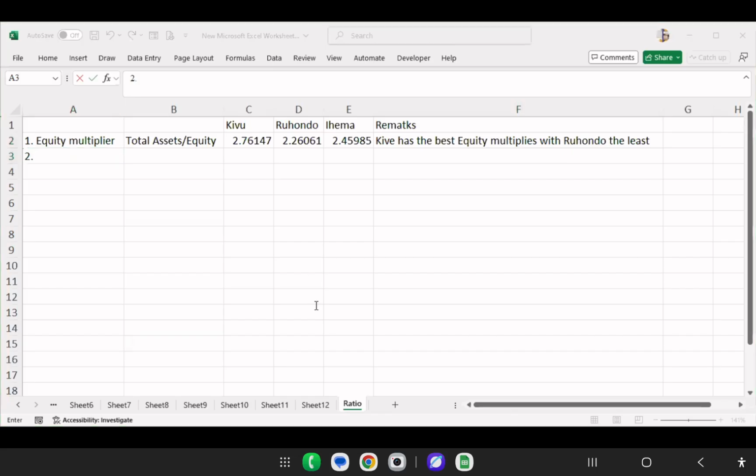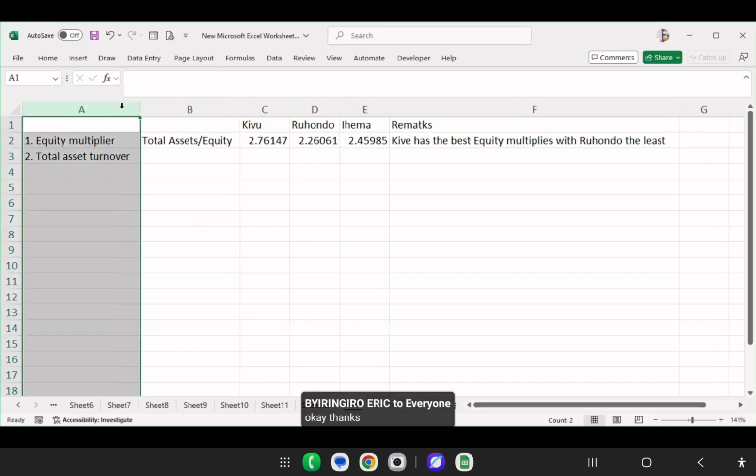So what was question number 2? Total assets turnover. I don't know whether you know how we get the total assets turnover. Maybe someone can text me.